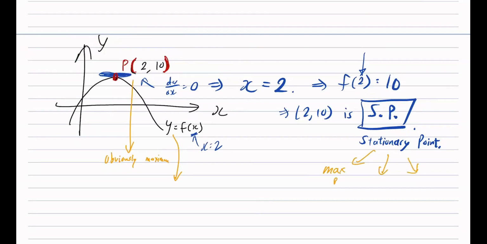Maximum point, minimum point. The last one is when you change emotion, sad face becomes happy. Point of inflection. Okay. So let me just draw it nicely.